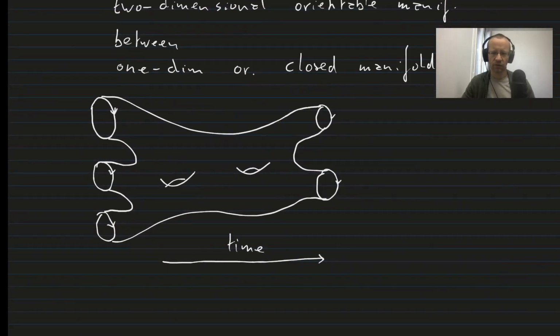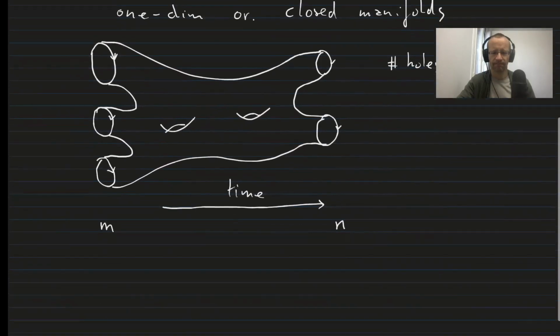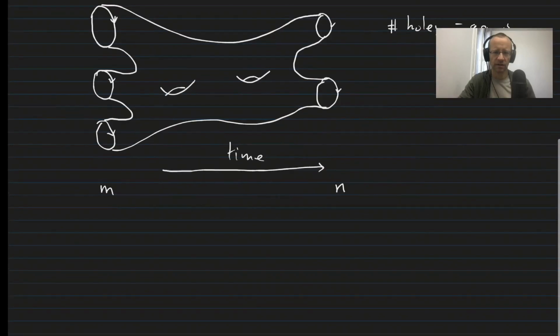The number of holes we will call the genus. The number of circles on the left can be m, and the number of circles on the right can be n. Total number of circles is m plus n. These are basically all these manifolds.